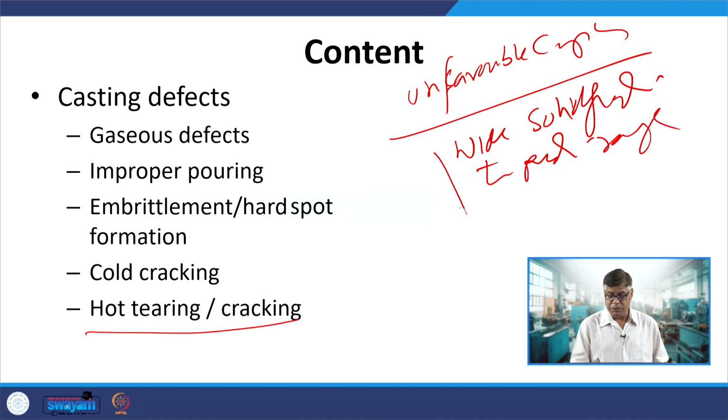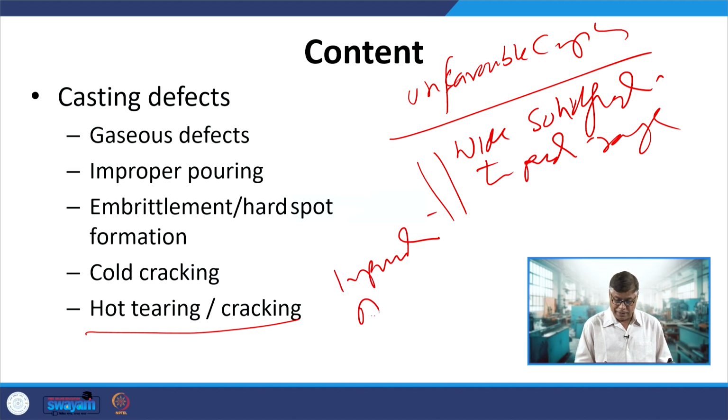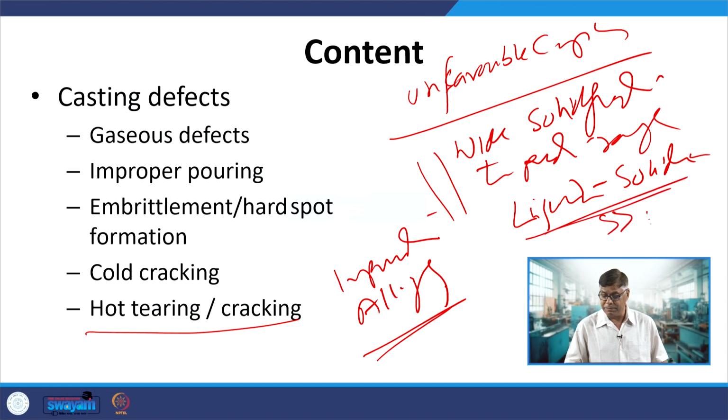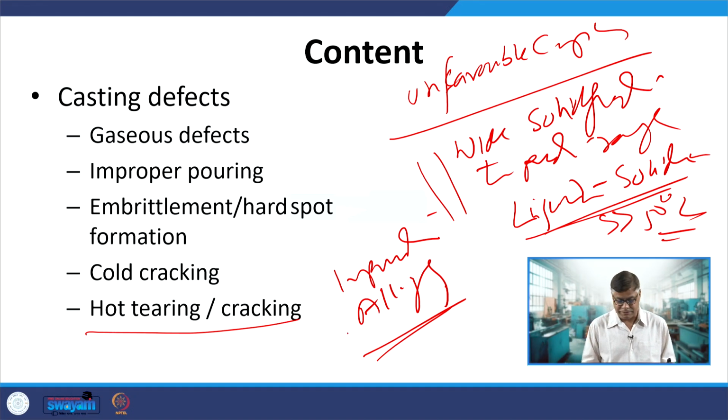If the composition being developed, either due to the impurities or alloying content, is such that the solidification temperature range, meaning the temperature difference between the liquidus and solidus, is very wide, say greater than 50 degrees centigrade, then it will promote the tendency of the hot tearing or the cracking.